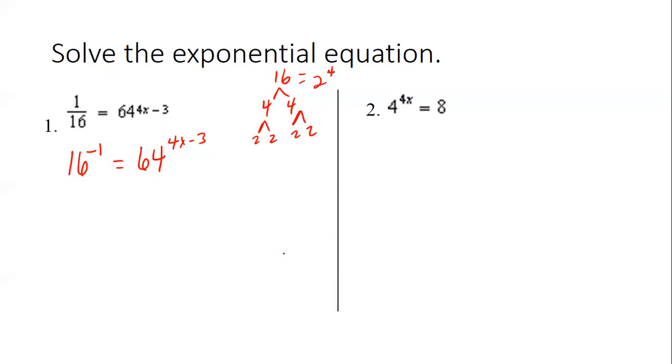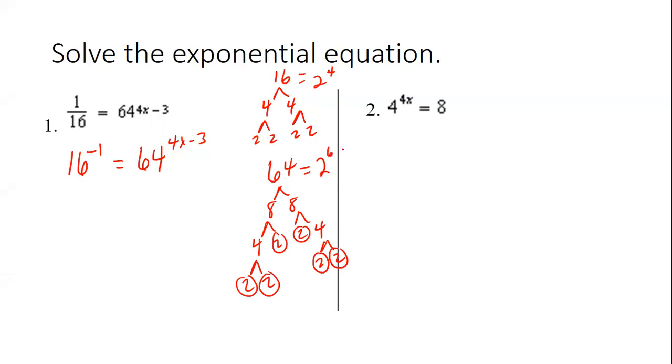Or I could do 64. So 64 breaks down to be 8 and 8, which breaks down to be 4 and 2, which breaks down to be 2, 2, 2, 2, right? How many 2s do I have? 1, 2, 3, 4, 5, 6. So 64 is 2 to the 6. That's what it means by being in prime factored form.